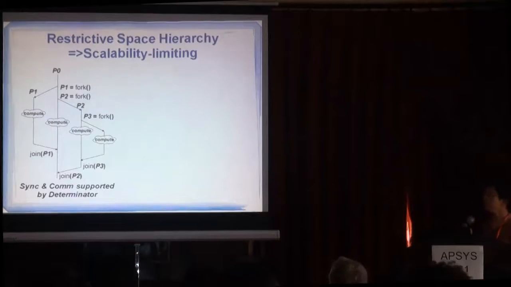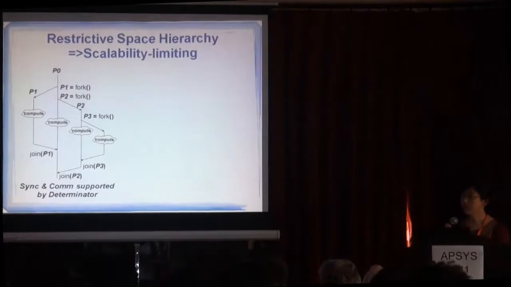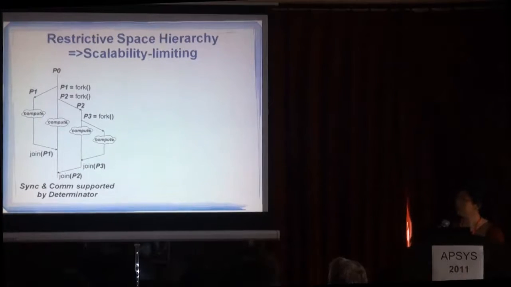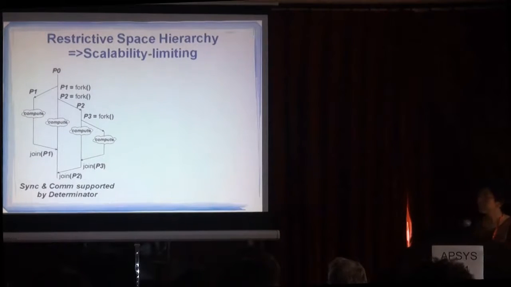So the original Determinator has a microkernel, but as an early prototype, there are many limitations. One of the most significant limitations is its restricted space hierarchy. This figure shows an example of synchronization and communication supported by the original Determinator.